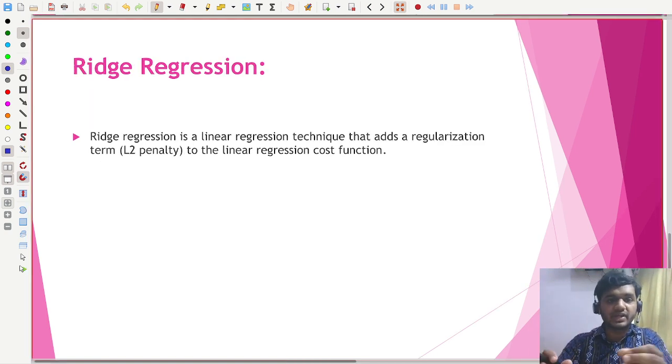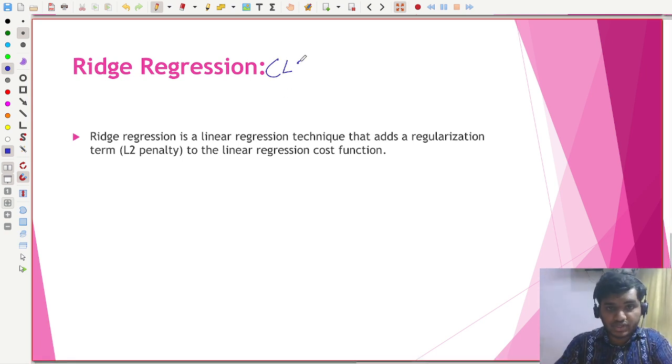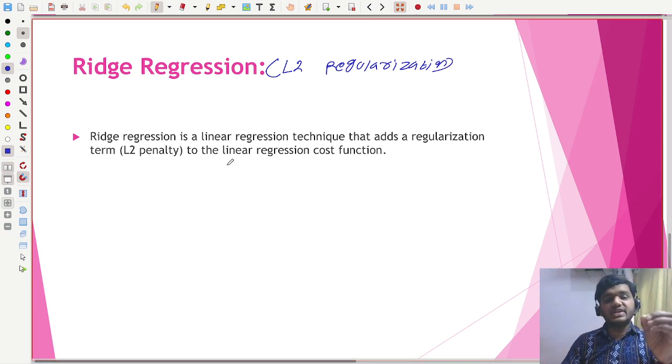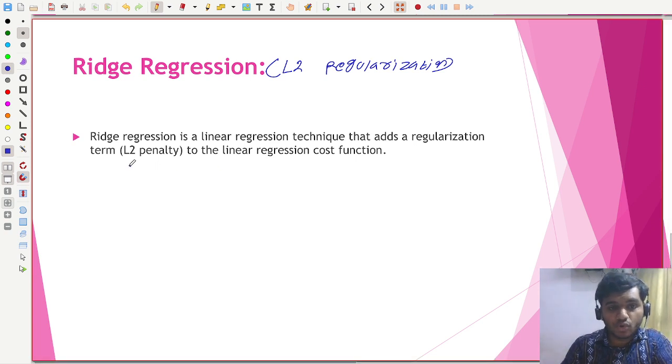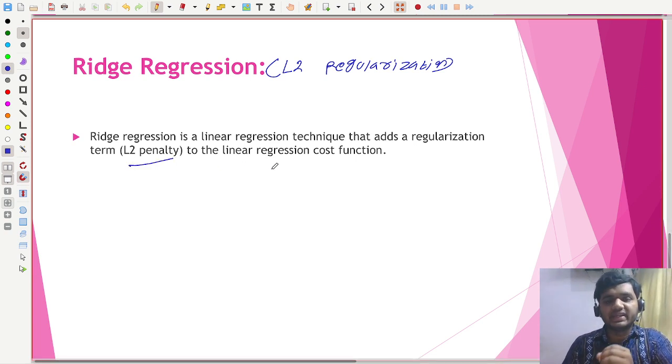The first one is ridge regression, which is also called L2 regularization. Ridge regression is a linear regression technique that adds a regularization term, that is L2 penalty, to the linear regression cost function.